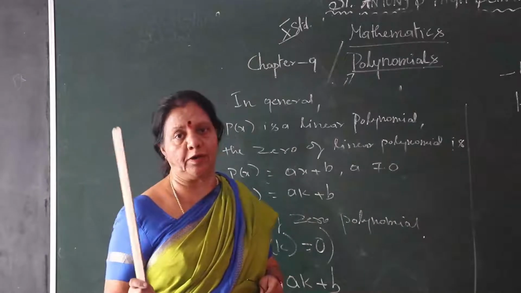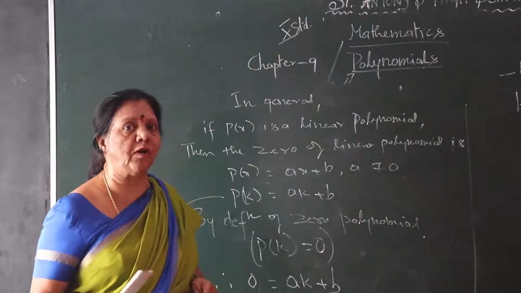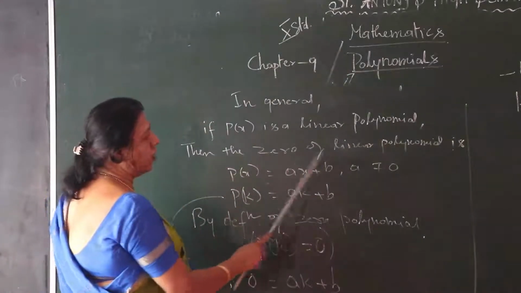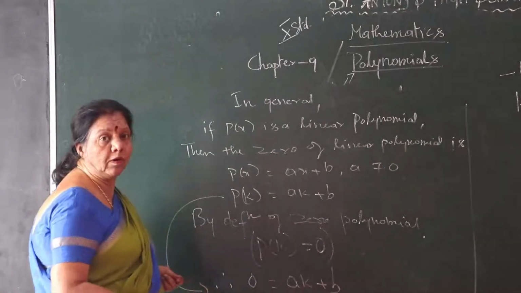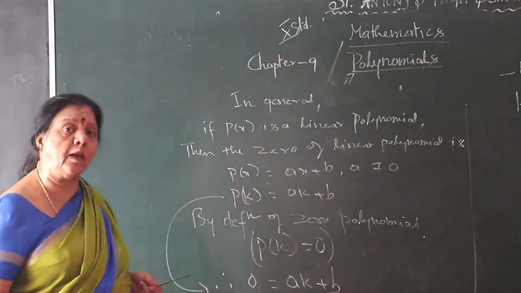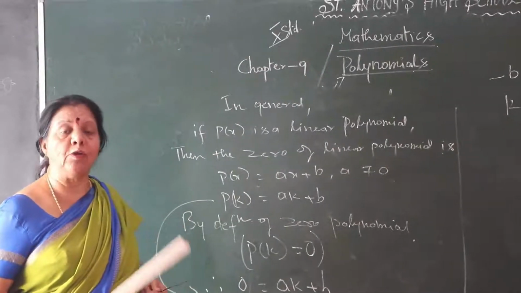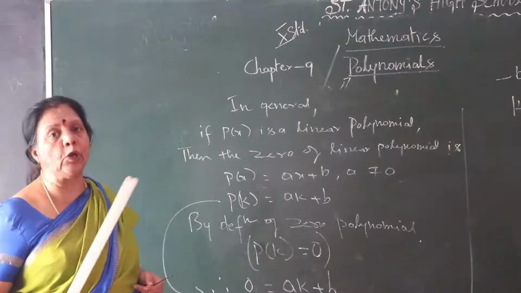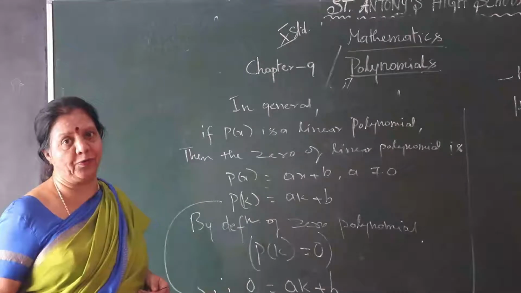Linear means the degree of power is what? 1. So here you see the zero of the linear polynomial. Zero polynomial also you have learned, when you are replacing x by k.